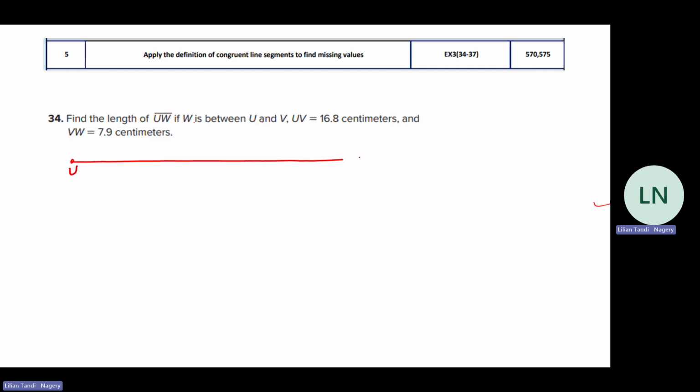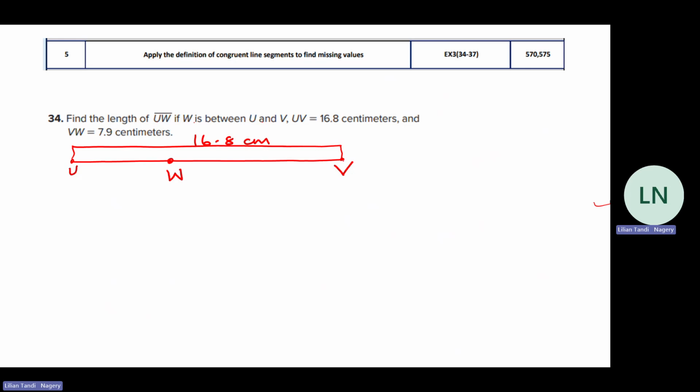So this should be V, like that. You put your dot there. You can put W closer to U or closer to V, it doesn't matter. According to the question, U to V, which is from here to here, is 16 and 8/10 centimeter.